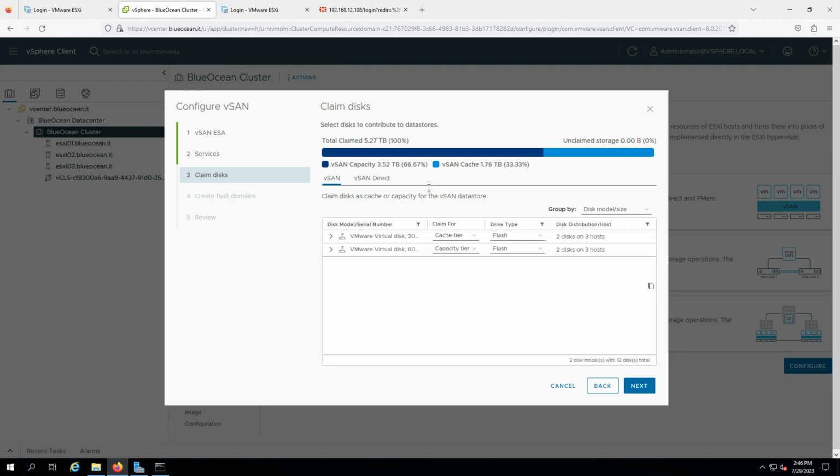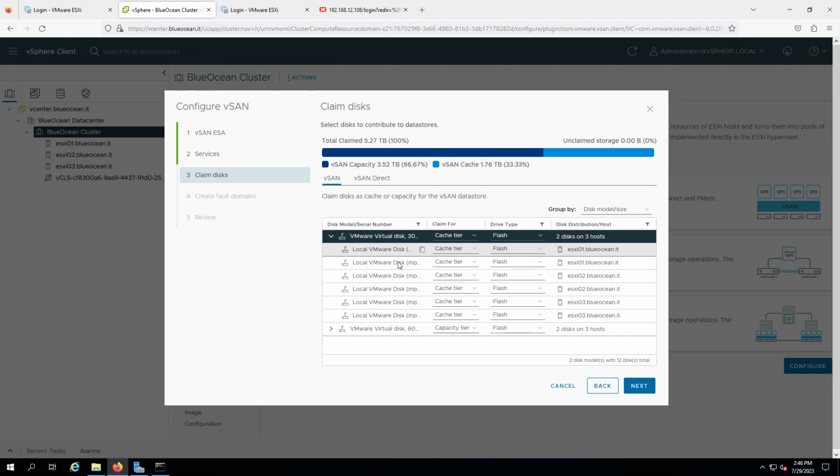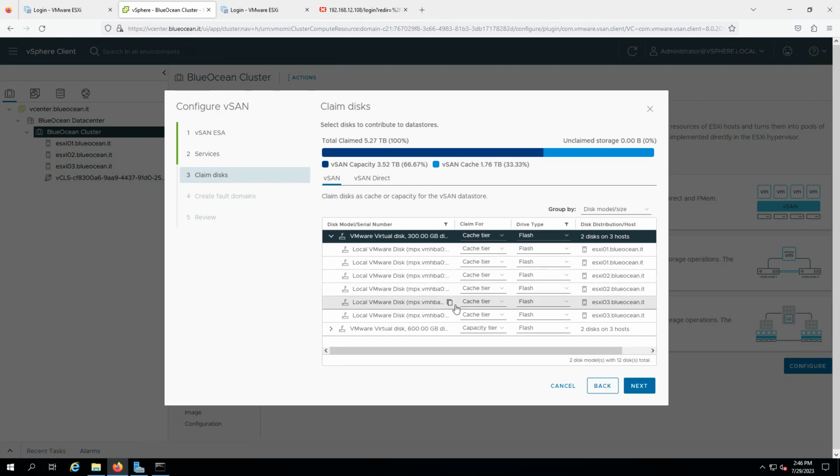So basically it does it for you automatically. You see the disk that has less storage, the smaller amount of storage, it uses for the cache tier, and the big one it uses for the capacity tier.